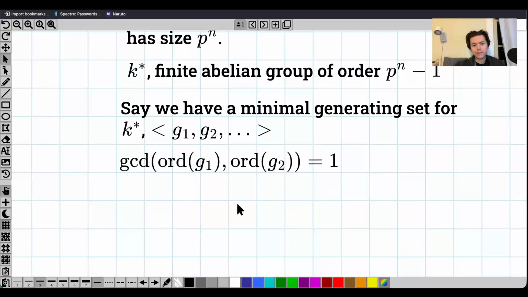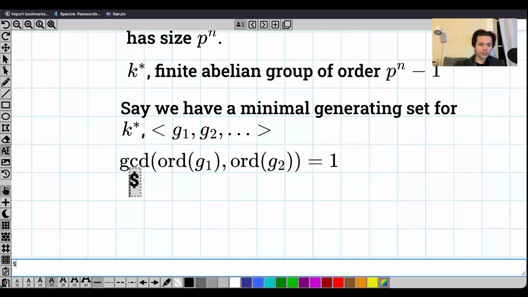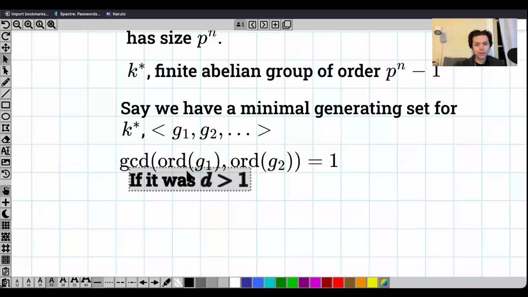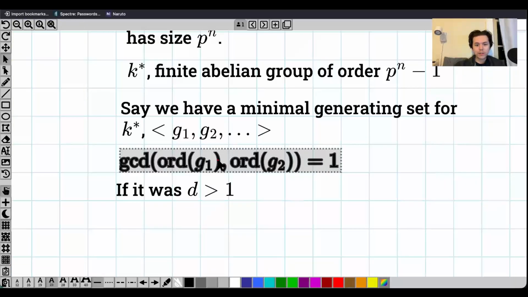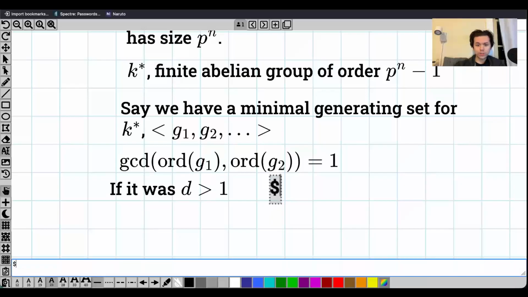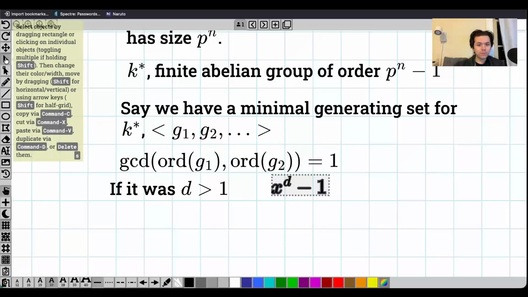And the reason being, otherwise, if it was some d greater than 1, then these two independent groups would both have subgroups which are cyclic of order d. And if we have two different cyclic subgroups of order d, which are not totally disjoint, but semi-disjoint, they must be because they're two different generators in a minimal generating set, then we would have too many roots of this polynomial.